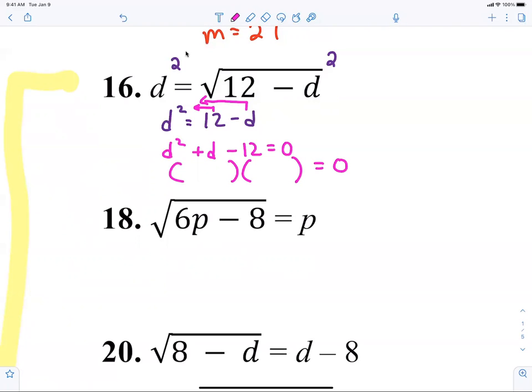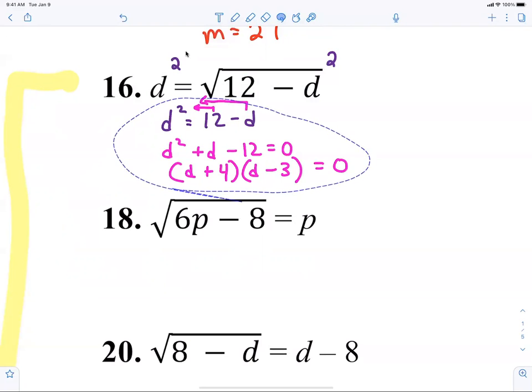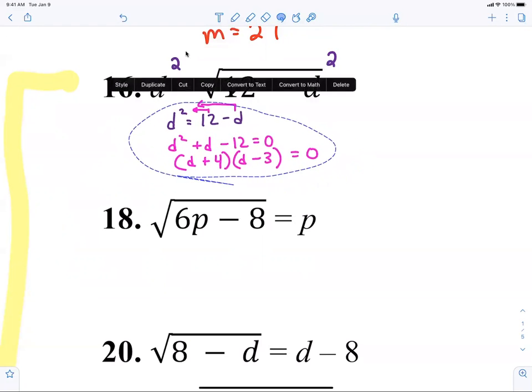And how do I break down d squared? Yep. How do I break down 12? Yes, 4 and 3, exactly what he said. I want the 4 to be positive and the 3 to be negative. Now from there, you should be able to say, I'm just going to solve that.